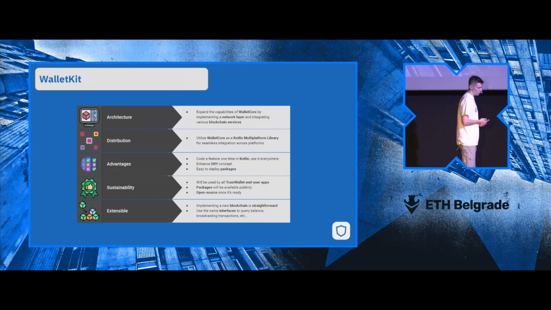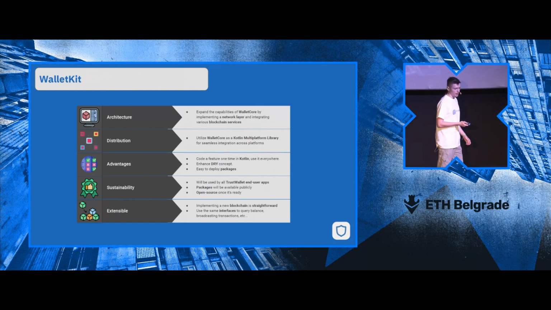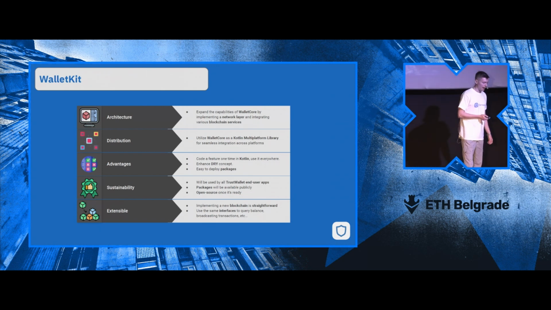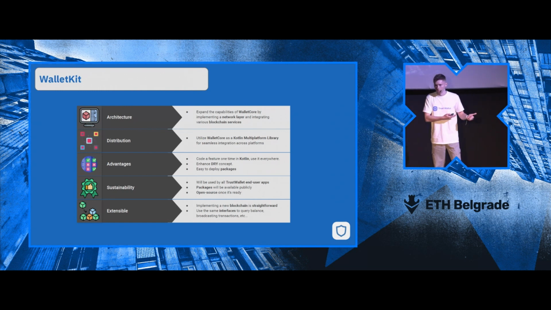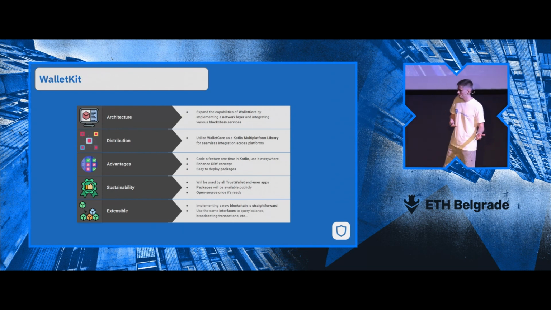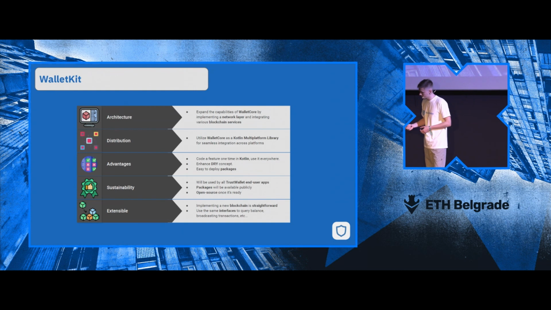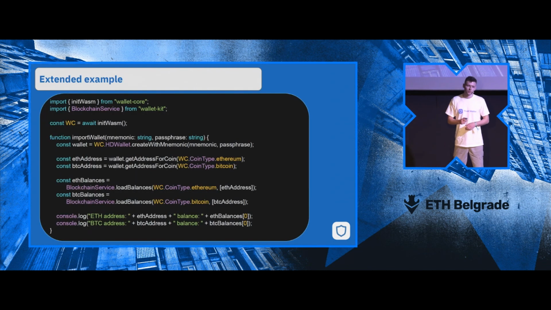So we are going to make it open source and publish packages for seamless integration. And it's also incredibly extensible, so implementing a new blockchain is straightforward. So you use the same API as you already used with integrating other blockchains and apply the knowledge to integrate new blockchains.